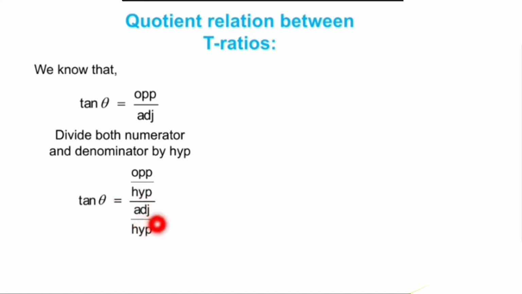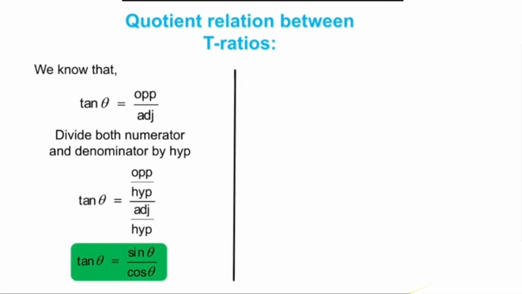Children, we know that opposite side by hypotenuse is equal to sine theta and adjacent side by hypotenuse is equal to cos theta. Therefore, tan theta is always equal to sine theta by cos theta.